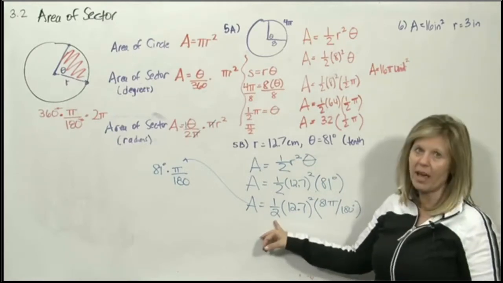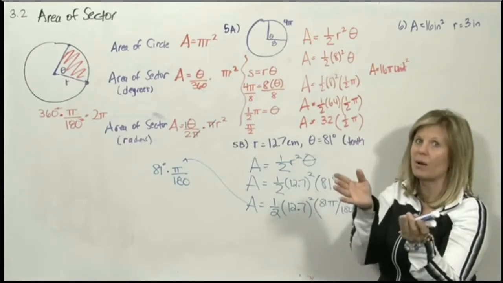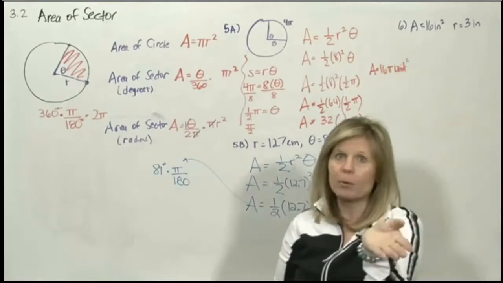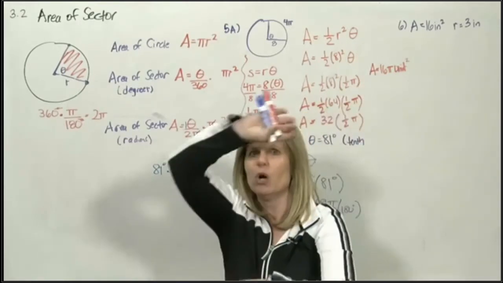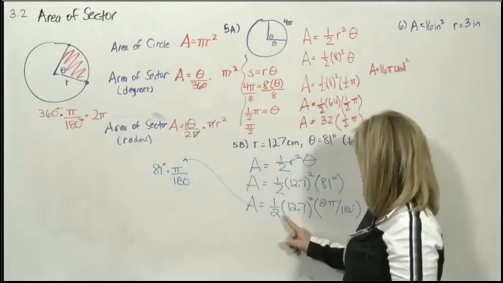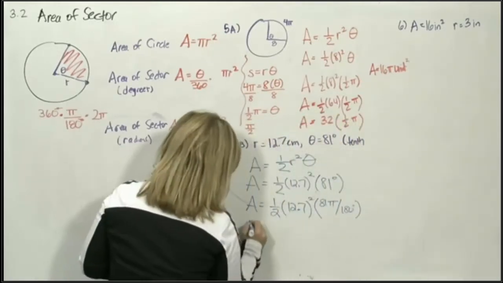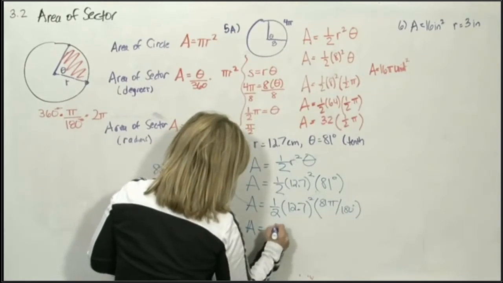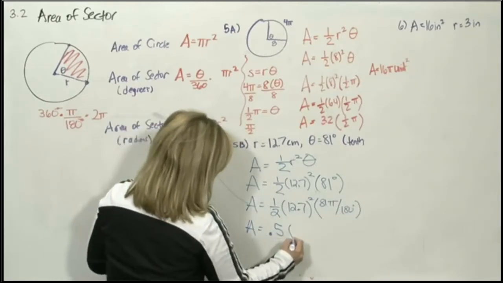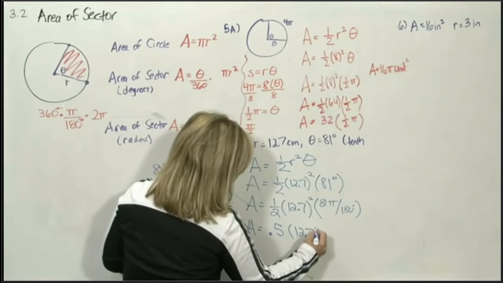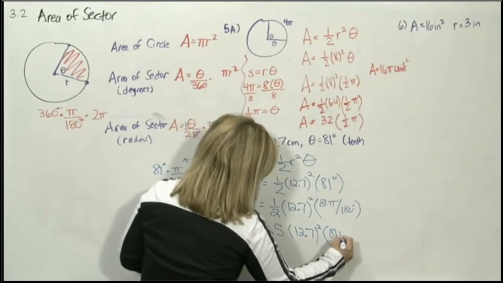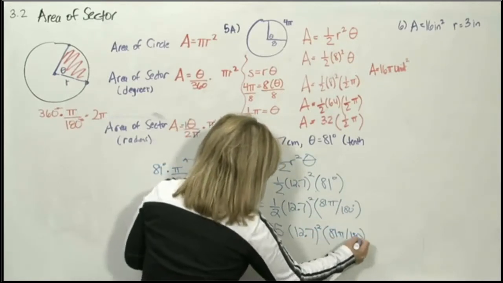If you leave the 1/2 as a fraction, then it needs to go in parentheses. So you'd have to do open parentheses, 1 divided by 2, close parentheses, times the next thing. I prefer it to be a decimal. So I'm going to change 1/2 to the decimal 5/10. So I'm going to have 5/10 times 12 7/10 squared times 81 pi divided by 180.